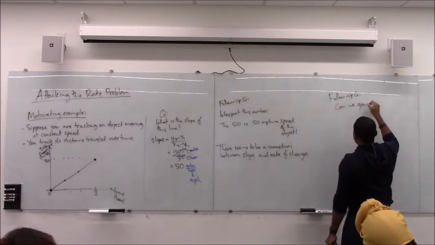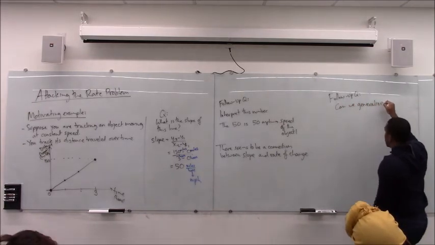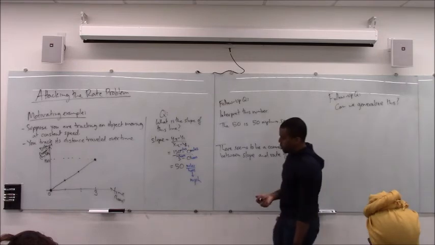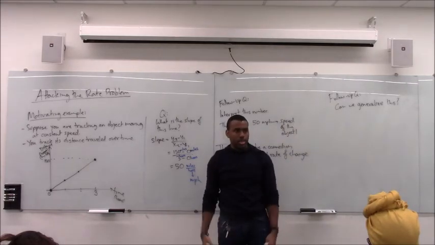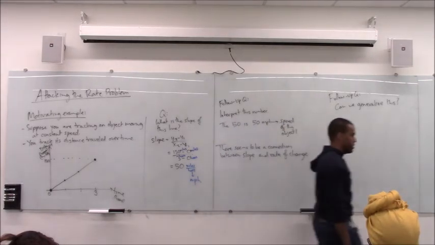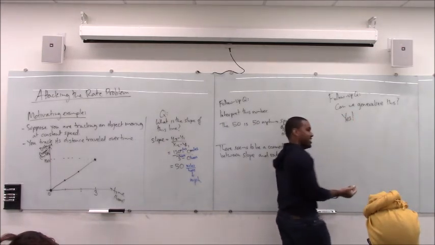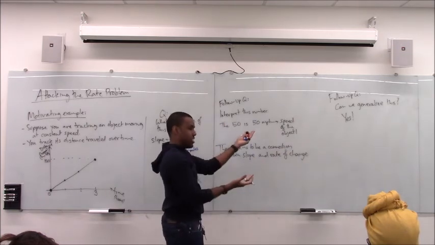Can we generalize this idea? And the answer to that question is surprisingly, no, we can't, so I guess we're done here. Sorry. No, the answer is yes, we can. That's why we're here, that's why calculus is a thing.